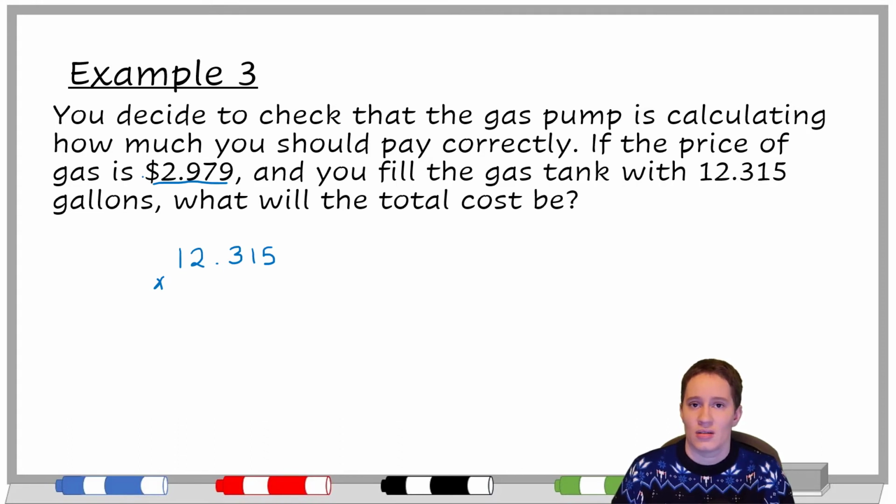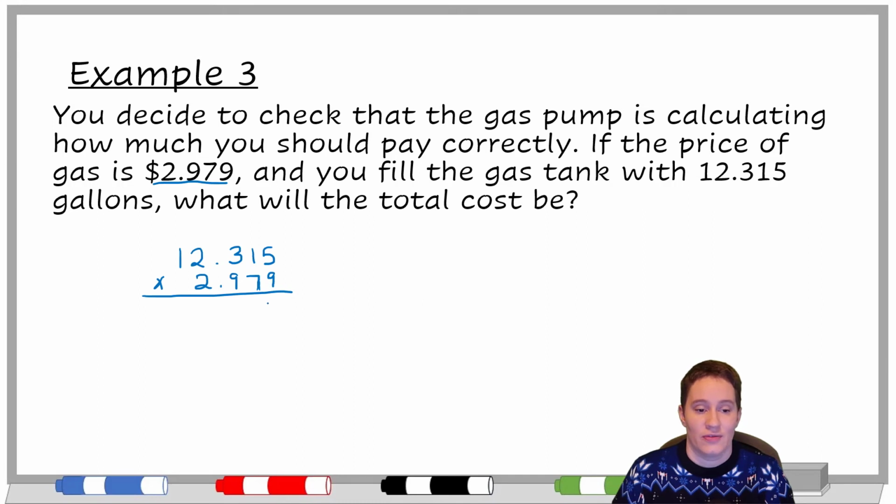I'm not going to write the dollar sign down because I feel like it gets in the way. I'm going to write 2.979. And this will be a little annoying since we've got 9 and 7 and 9 again to multiply by, but I think we can do it. How many decimal places should we end up with? Think about that and write it down, and we'll talk about it later.